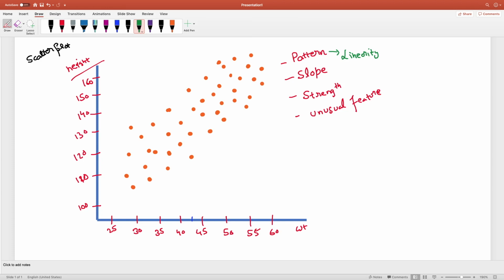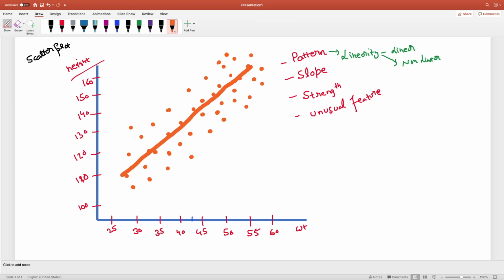So first thing first is linear. It could be a straight line relationship or a non-linear relationship. So linearity can be divided into linear, and secondly into non-linear, and we'll talk about that in a bit. So over here, if you see the pattern of this data, the pattern in this data is something like this, right?